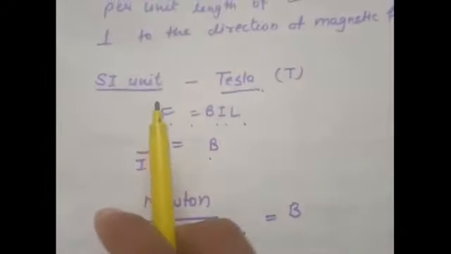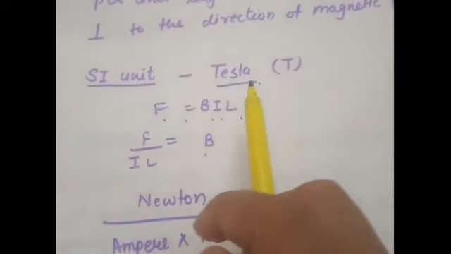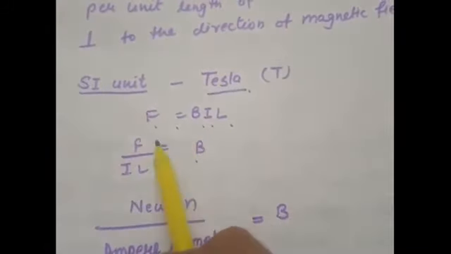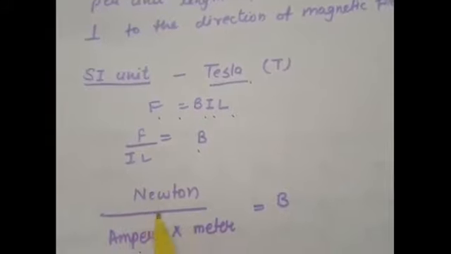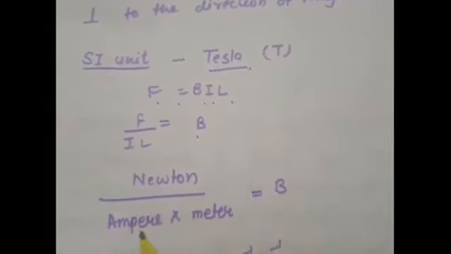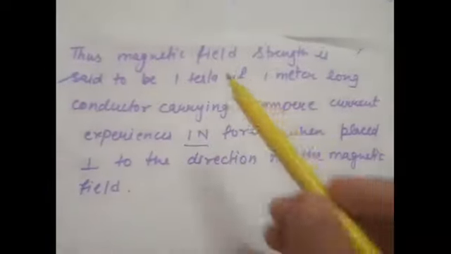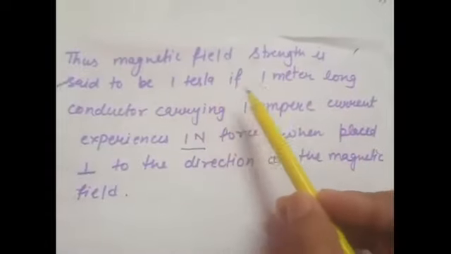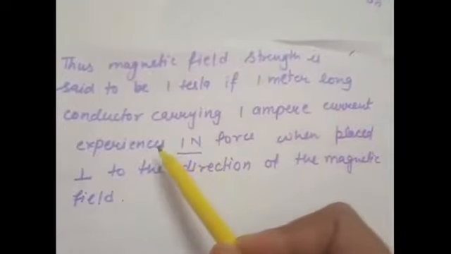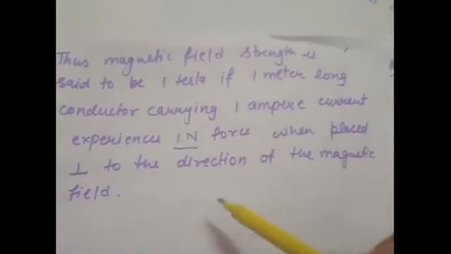The SI unit of magnetic field is the Tesla. Writing the SI units in F is equal to BIL, 1 Tesla will be 1 Newton per ampere per meter. Thus, magnetic field strength is said to be 1 Tesla if a 1 meter long conductor carrying 1 ampere current experiences 1 Newton force when placed perpendicular to the direction of the magnetic field.